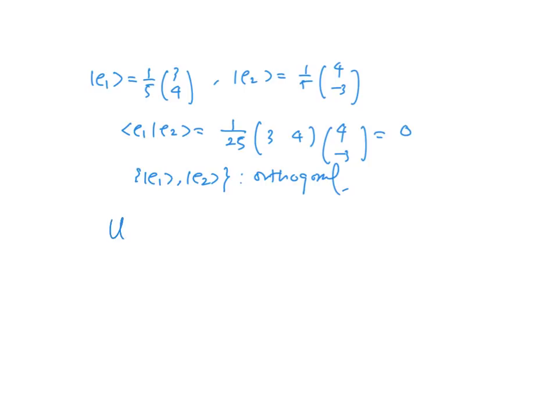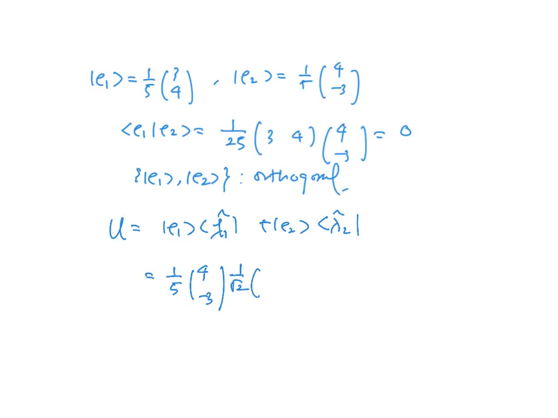So we define a new matrix, E1, lambda 1 tilde, E2, lambda 2 tilde. So E1 was 1 over 5, 4 minus 3, square root of 2, 1, 1, right?